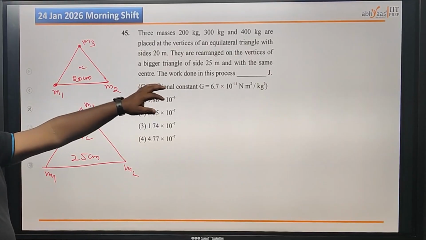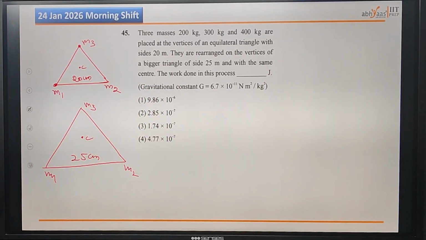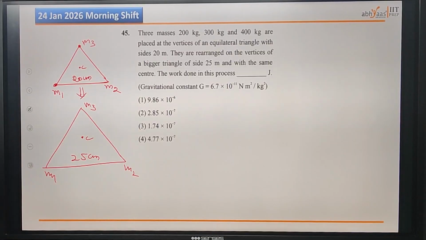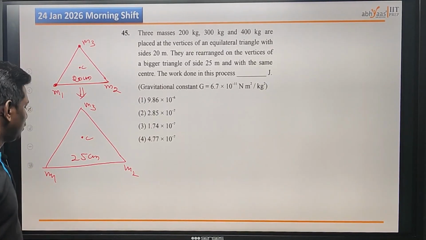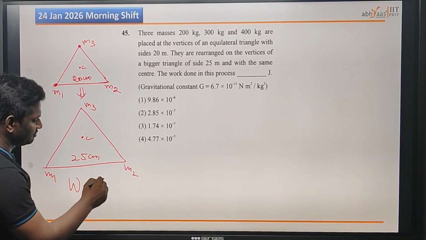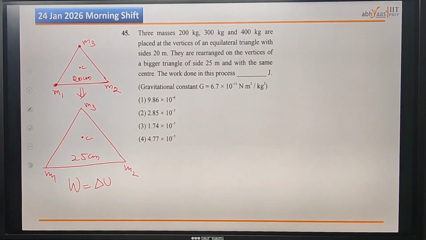The center is the same. With the same center, what is the work done by changing this small triangle of side 20 to the side 25? Work done, you can simply write, is the change in potential energy.